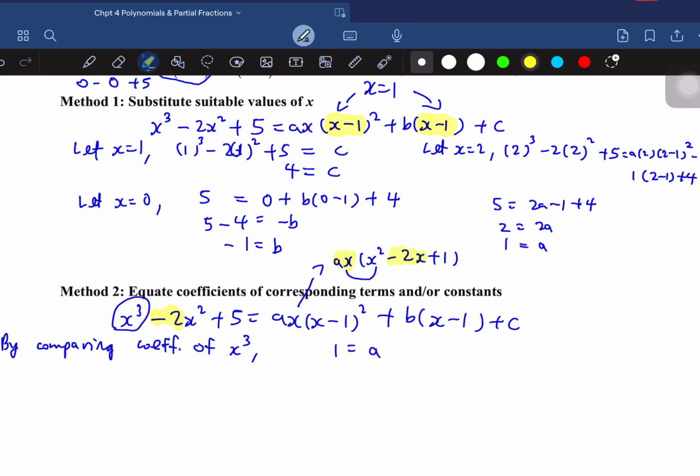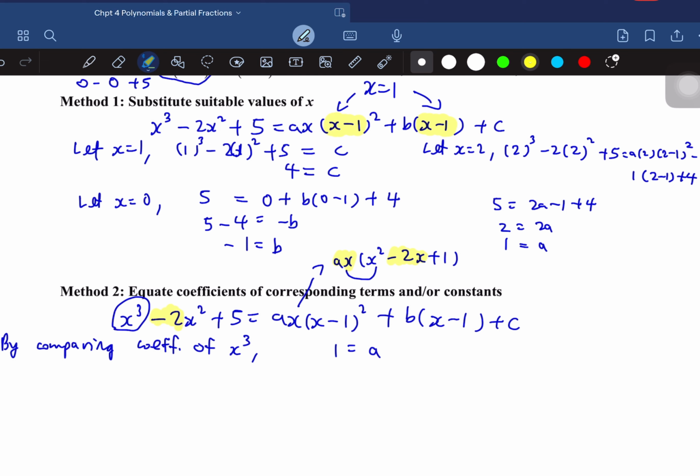Then no more, so only negative 2a x squared, but we already have a, so we cannot compare coefficient of x squared. Even though we can, it won't help us in finding the three unknowns a, b, c. If you compare the coefficient of x squared, we cannot find any other two unknowns. We find a again, which is useless. Please don't waste the effort.